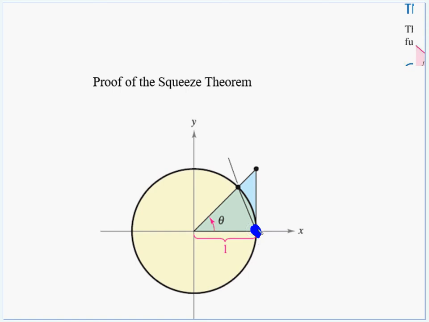So that would be point 1 comma 0. Remember, each point on the unit circle is also an ordered pair. So that point is cosine, comma, sine. So the x-coordinate is the cosine, the y-coordinate is the sine.